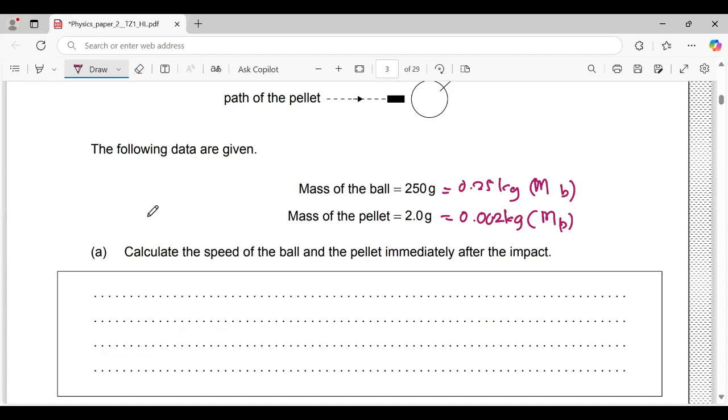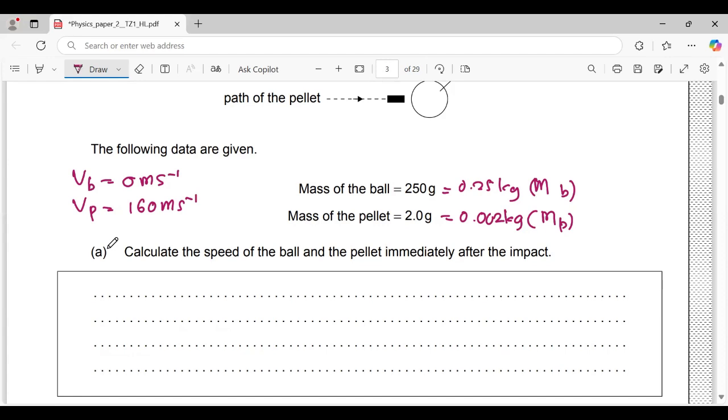And according to the information, the velocity of the ball is 0 and the velocity of the pellet is 160 meters per second. Calculate the speed.